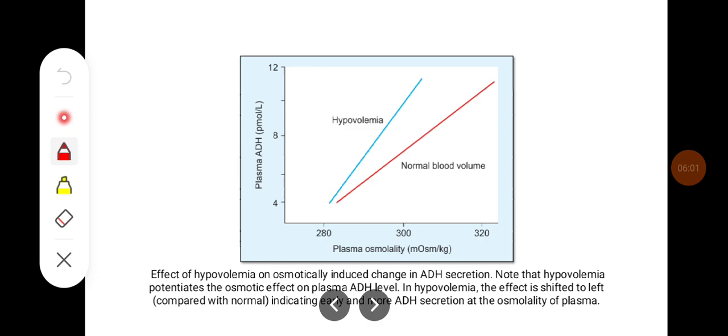And this diagram shows that there is a linear relationship between the plasma osmolality and the plasma ADH with normal blood pressure or normal blood volume or with hypovolemia. You can see that with hypovolemia the response to osmolality increases more compared to with the normal blood volume.